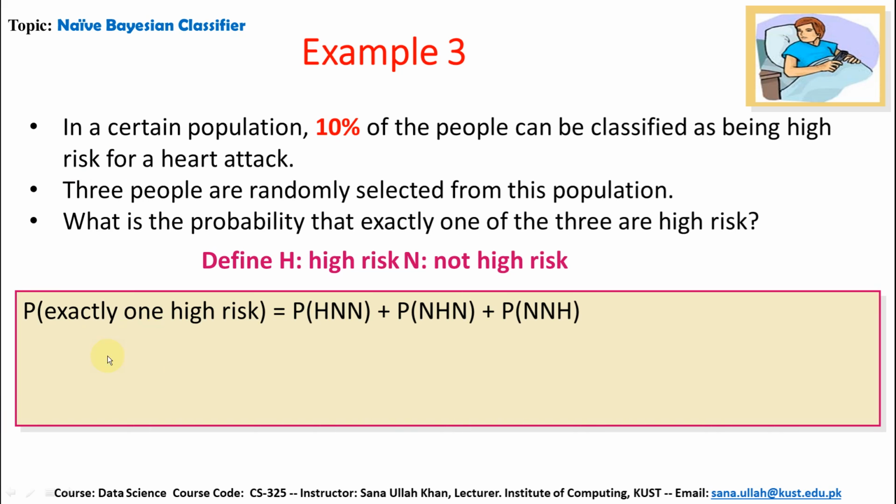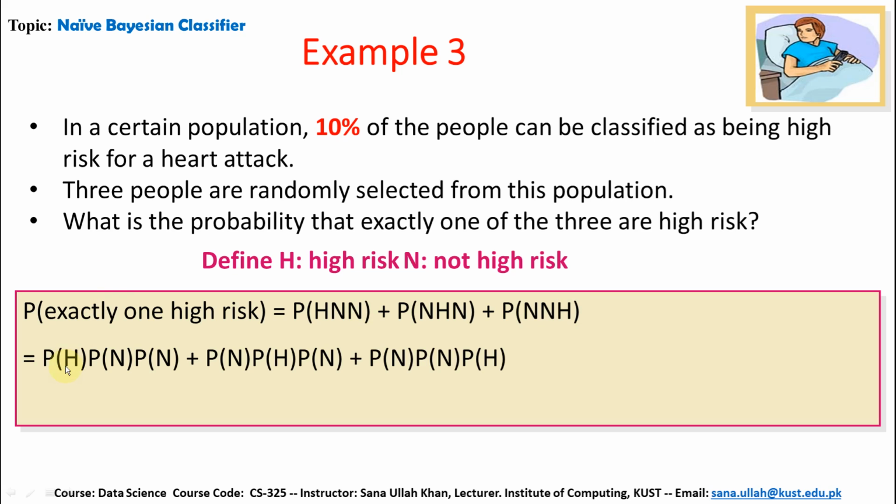For exactly one high risk, maybe the first person is high risk and the other two are not. Maybe the second one is high risk and the first and third are not. Maybe the first two are not high risk while the third one is.